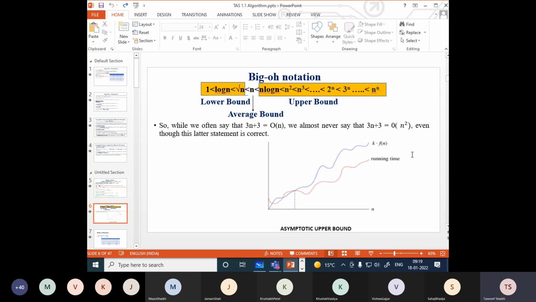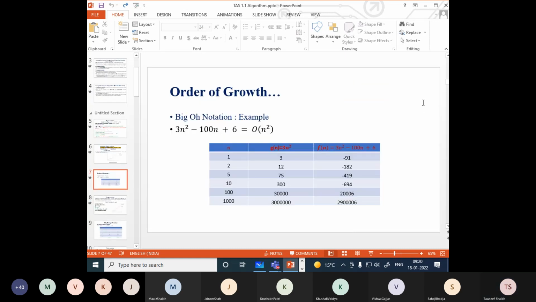Even this big O of n square is also true, since it is bigger than that. But the second statement is not informative, it is not the right statement. So we take the upper bound, but the least among the upper bounds becomes the big O of that function.